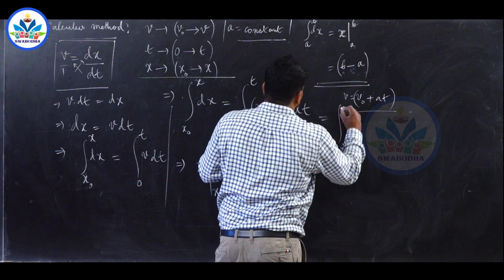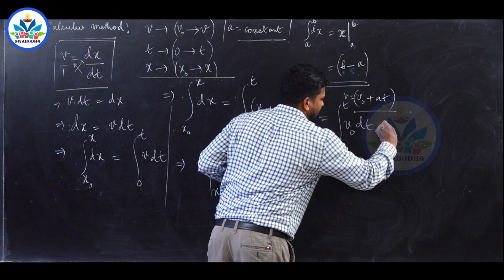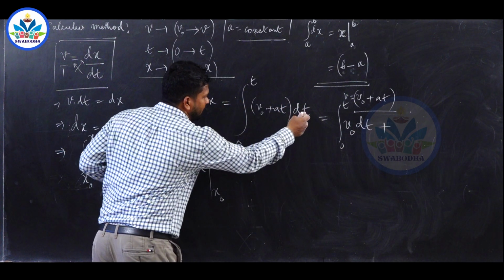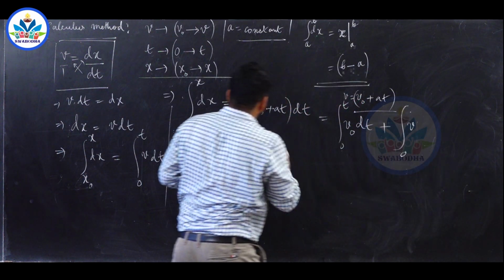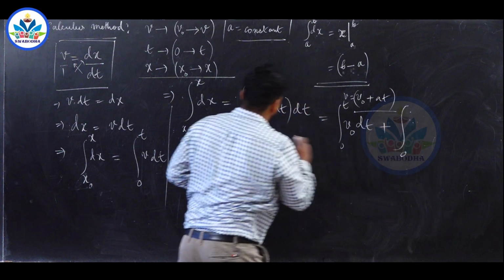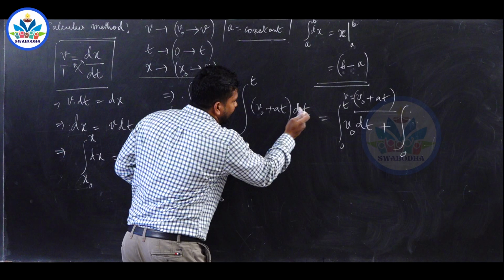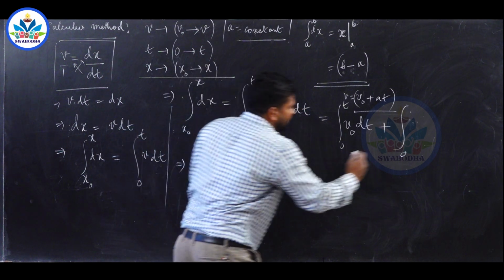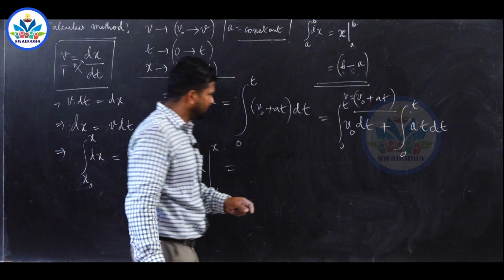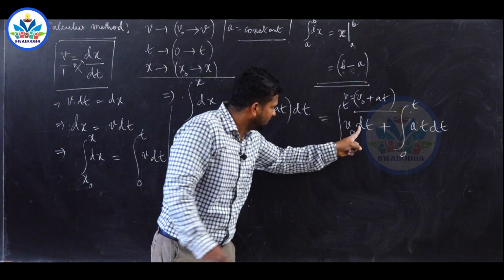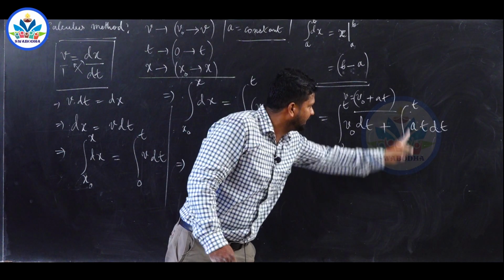Integration from 0 to t, I'll split it: v naught into dt plus integration of a t dt, between the limits 0 to t, correct?